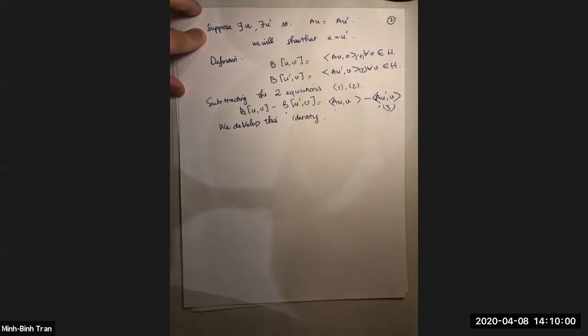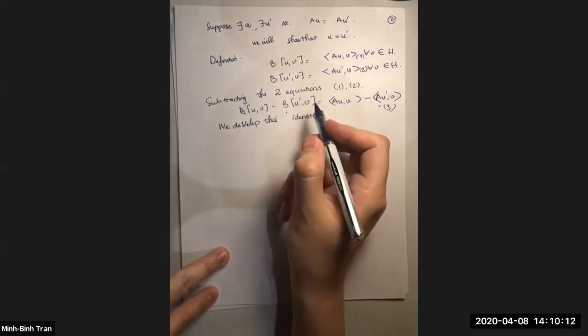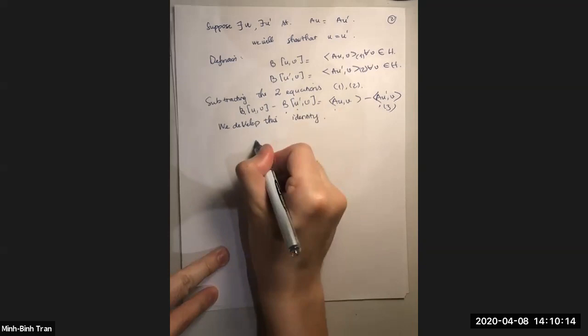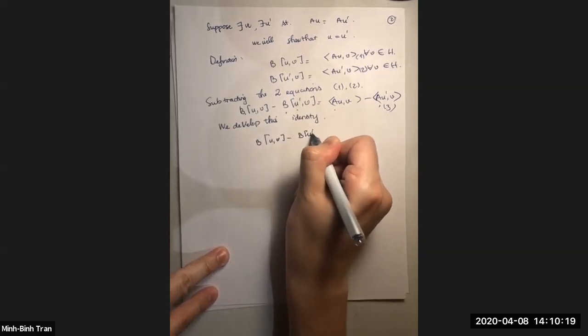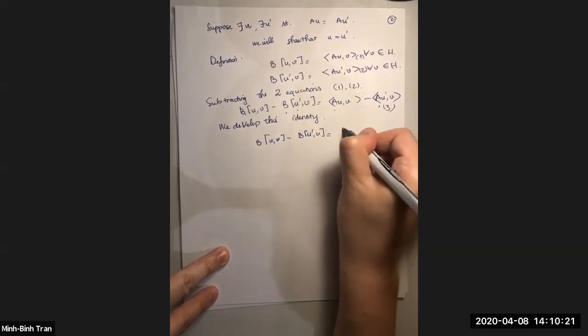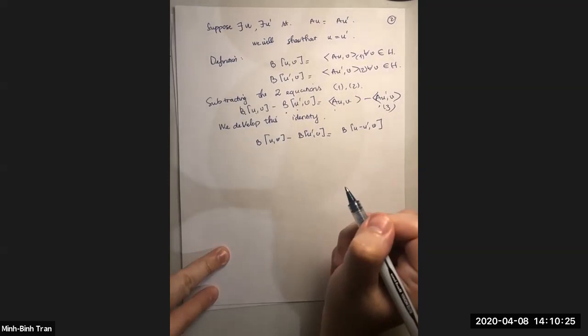What can I say about this relation? Because B is linear, I can subtract U and U prime, so B(U,V) minus B(U prime, V) will be B(U minus U prime, V).